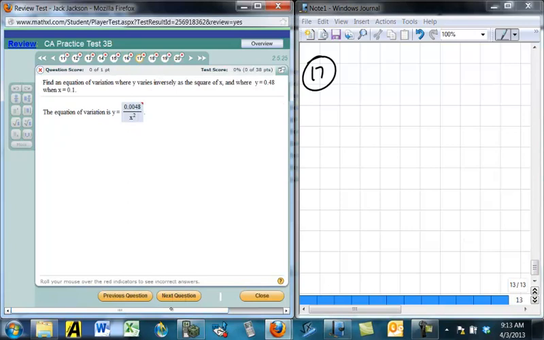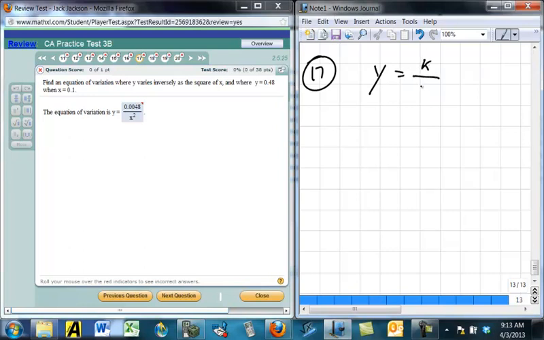Next question, 17. Find the equation of variation where y varies inversely as the square of x. Y varies, y equals k, inversely is divide by x squared. So there's the equation, but we don't know what k is. So we know if y is 0.48, then x is 0.1. So 0.1 squared is 0.01.